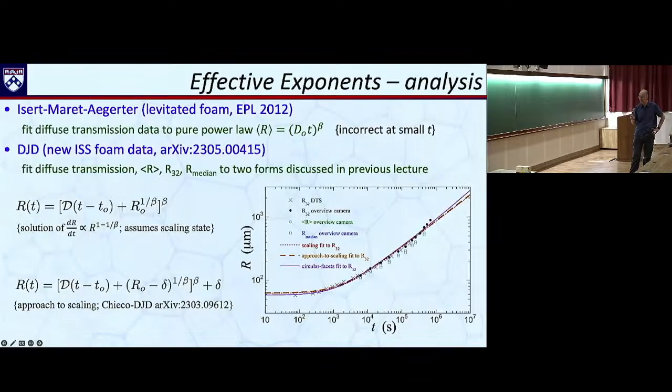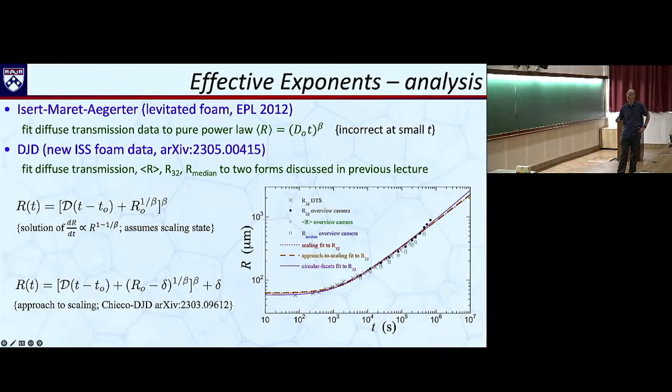So we're going to analyze that data by fitting it to effective power laws. And since the data on the previous slide didn't necessarily look power law-like, we've got to ask, well, is that because we didn't assume a scaling state distribution at time 0? So we're going to fit it both to a form that assumes a scaling state, as well as to a form that I argued last time represents a non-scaling state initial preparation.